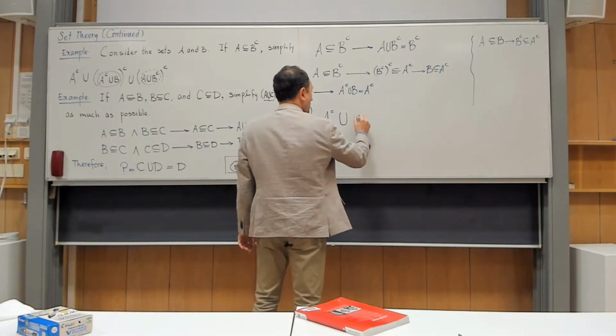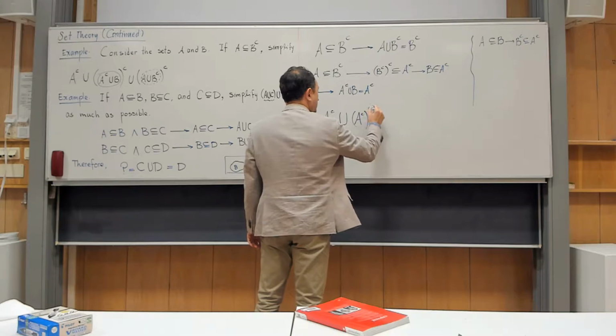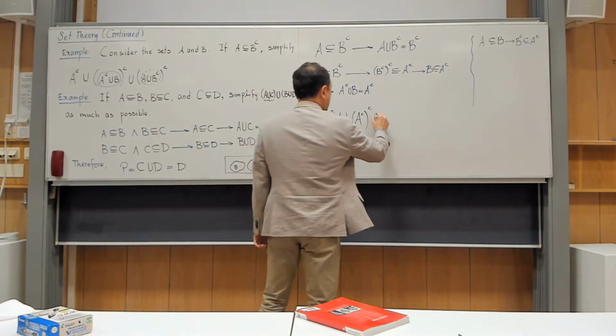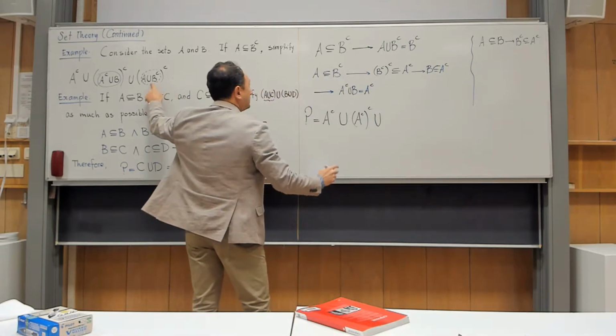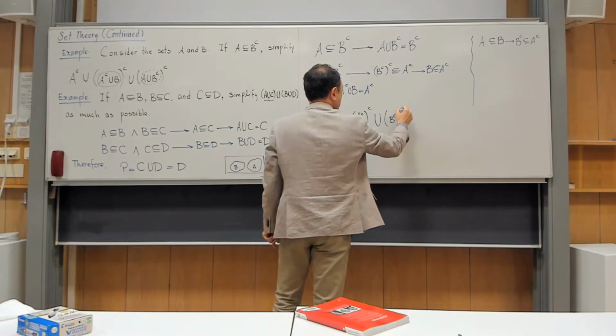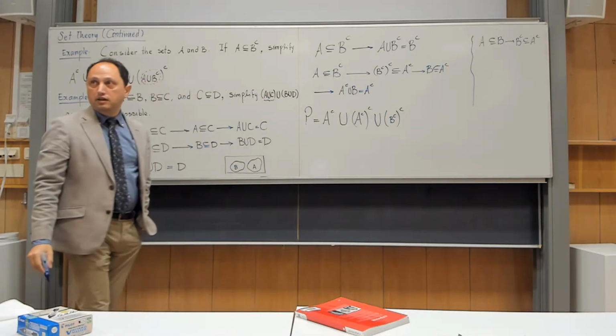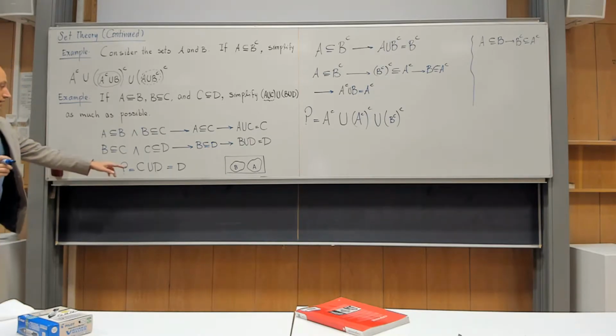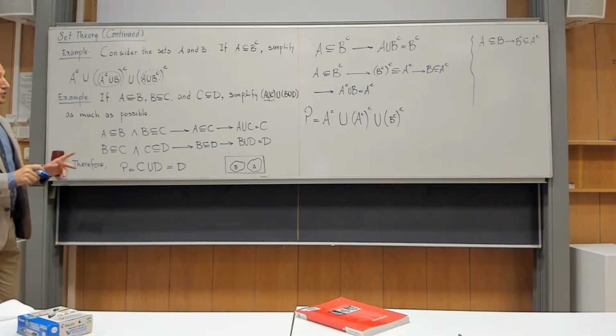So this becomes A complement, and then I have union, and then this one is B complement. Understandable? Yes. I have been using this idea that if two sets are comparable, the union is the bigger one.